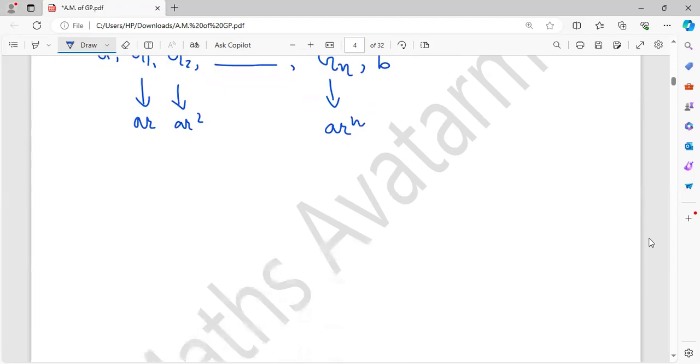So what is G1? G1 is equal to AR. Put the value of A. What is the value of R? (B upon A) to the power 1 upon N plus 1. What is G2?